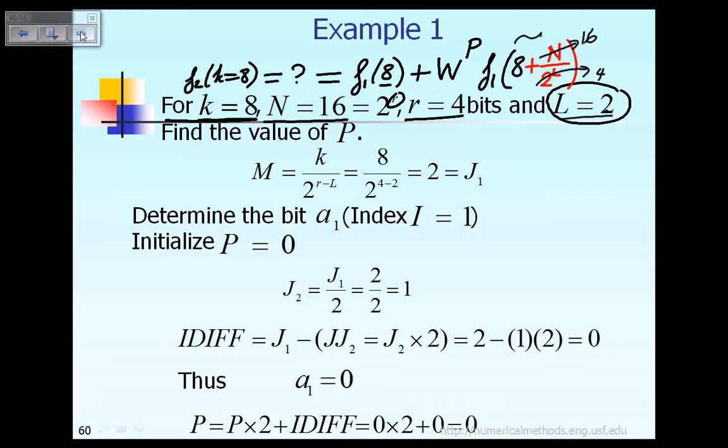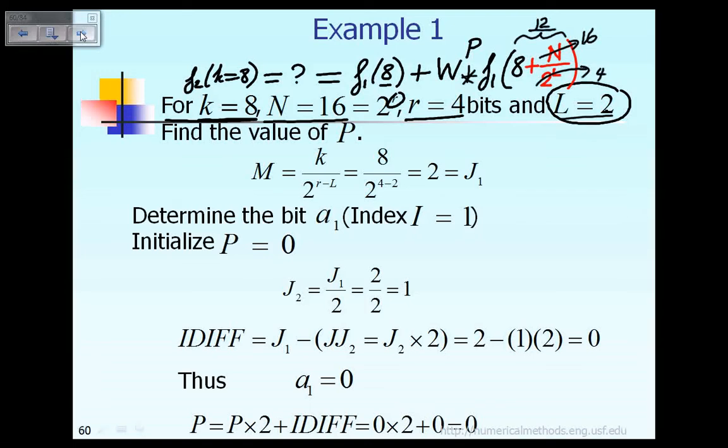This whole thing, this parenthesis here is 12. So the formula say F2 corresponding to k equal to 8 equal to F1 of 8 plus W raised to the power P times F1 of 12. Node 8 and node 12, they are companion node.